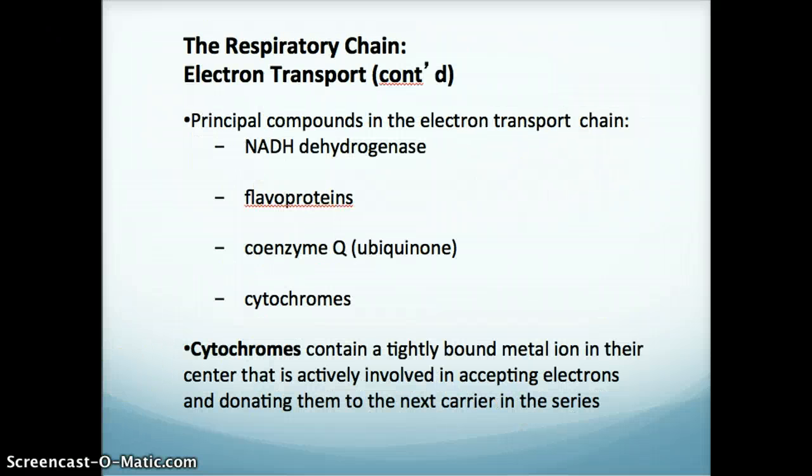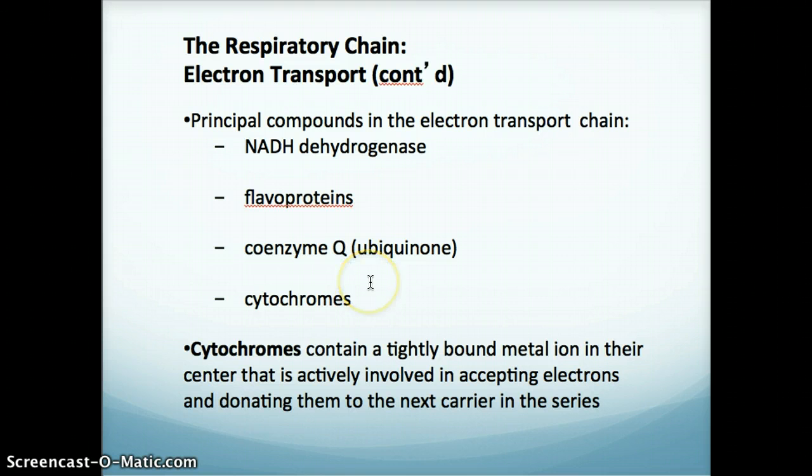So there are some things that you should know within the electron transport chain. There is an enzyme called NADH dehydrogenase, which should tell you that it takes a hydrogen off of NADH. There are flavoproteins, which play a role in the electron transport chain.